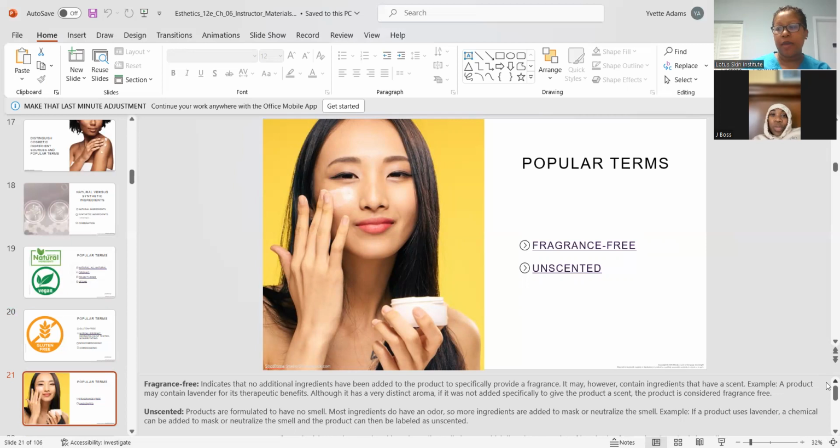It may have a smell based on the ingredients that were already in the product for whatever purpose. So if it's a product with lemon balm in it, it's going to have that lemony, citrusy smell, because lemon balm is naturally fragrant, but nothing is specifically added to provide a fragrance.